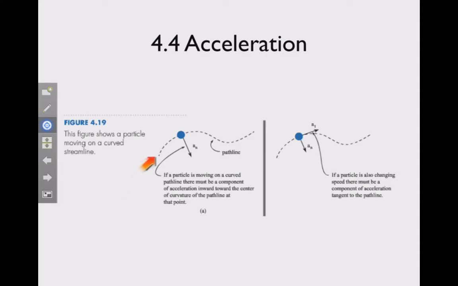But let's concentrate first over here on the left. What we have here shows a particle moving along a curved streamline. And even in case A here, even if the speed is constant along here, so that the tangential acceleration doesn't change, we do have acceleration caused by curvature. If a particle is moving along a curved path line, there must be a component of acceleration inward towards the center of curvature.